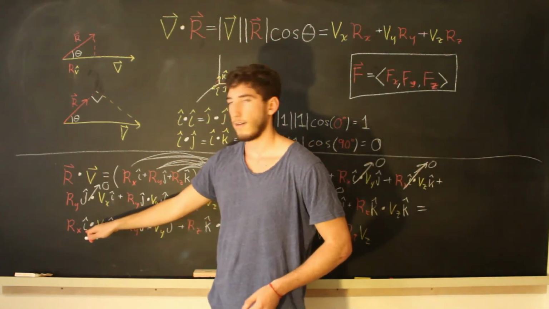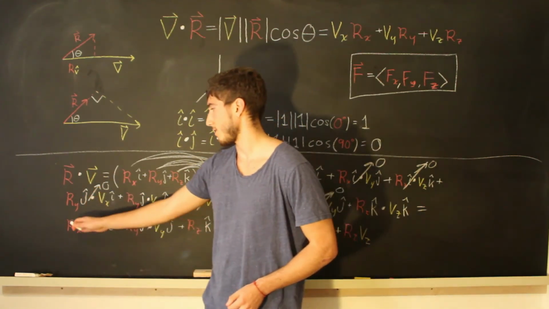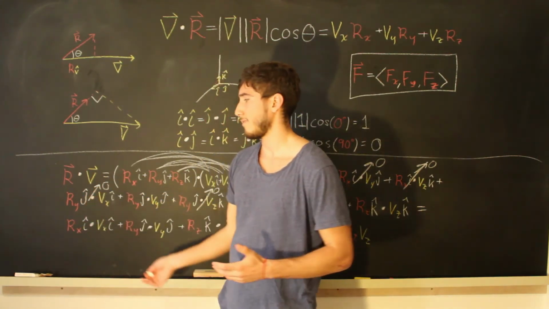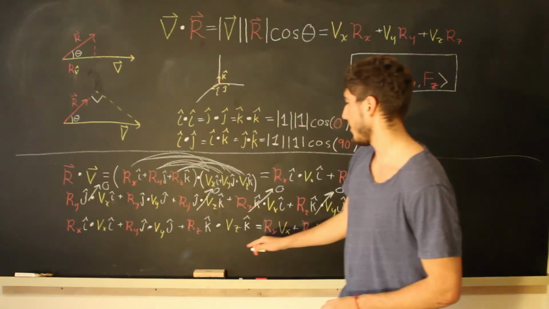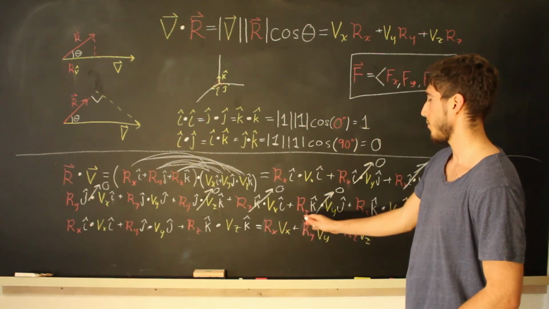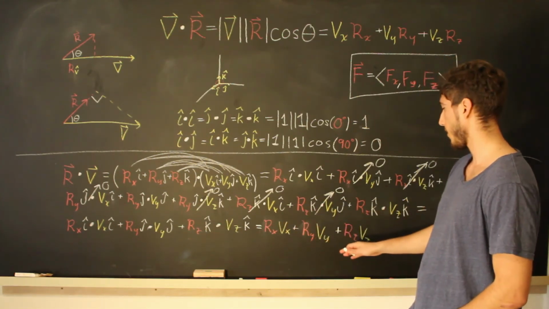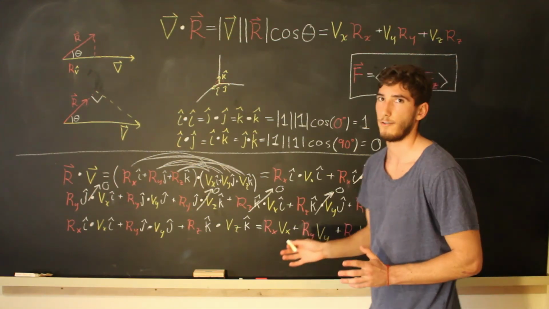Well, the angle between I and I is 0, so cosine goes to 1. So we are just left with the magnitudes, but since the magnitudes are the values themselves, in the end it'll just be r of x times v of x, plus r of y times v of y, plus r of z times v of z. And that right there is how you do the dot product.